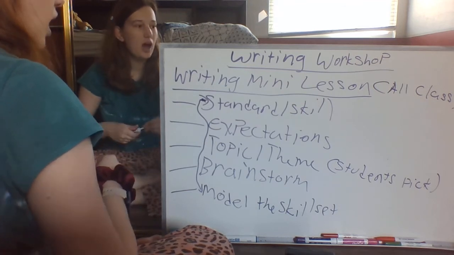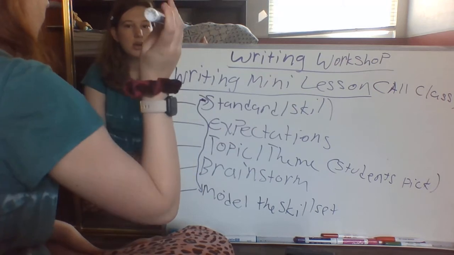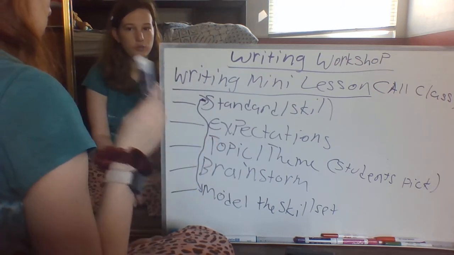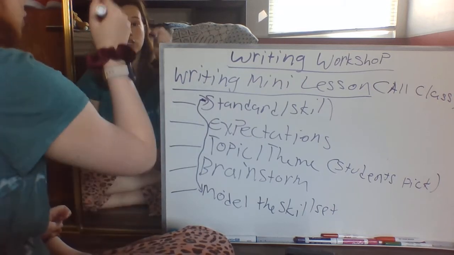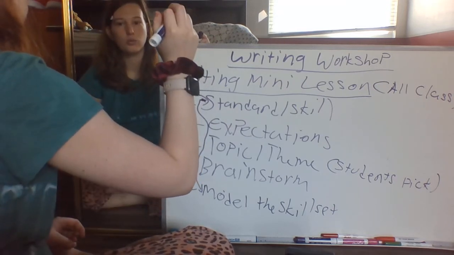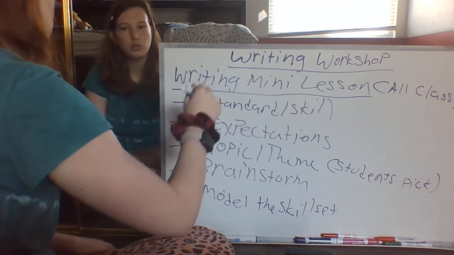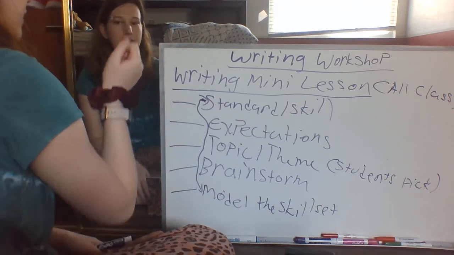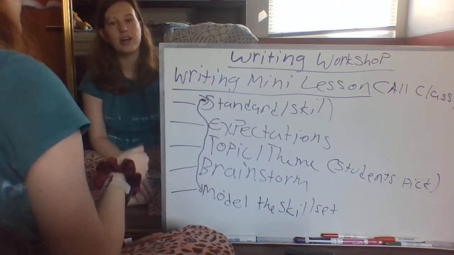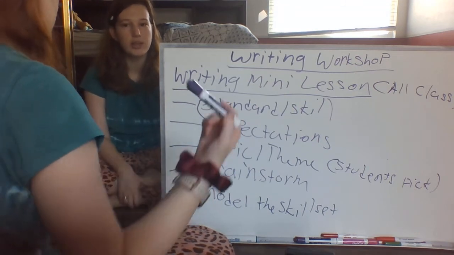If that means I want my students to be focusing on capitalization at the beginning of each of their sentences, then that's what I'm going to be doing. I'm going to make sure I'm writing each beginning word with a capital letter, and maybe I'll go one step further and highlight, okay, here's a capital letter at the beginning of my sentence. And I'll even have the students do it too.